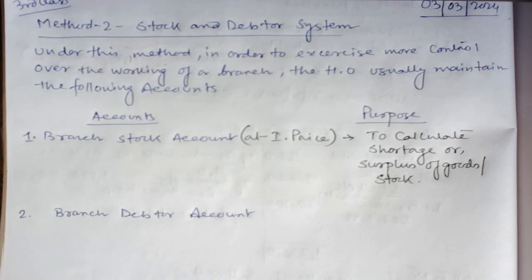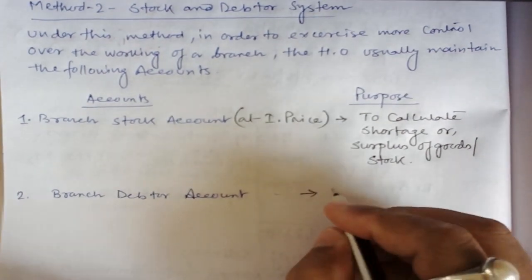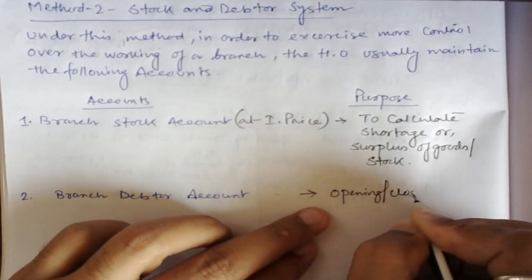So many things we can unfold from the branch debtor account, but specifically the main thing that we are going to unfold is, number 1, opening or closing balance.